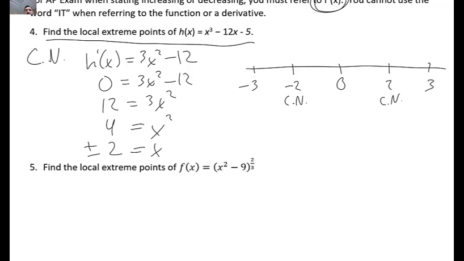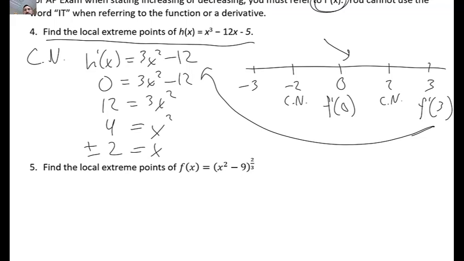But if I plug something into the first derivative and see that I get a negative value, well, when the derivative is negative, it is decreasing. Or plug in 3, that would be positive, and when the derivative is positive, it's increasing.